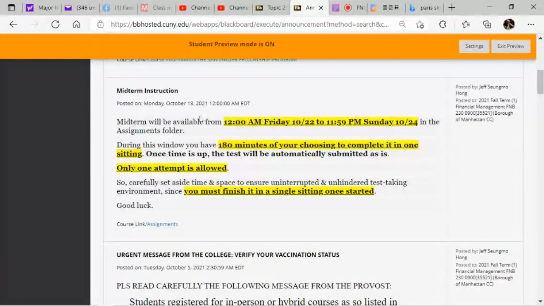It's in the midterm instructions. The midterm is actually going on now. It started on Friday and runs until this Sunday, so you have a 3-day window.